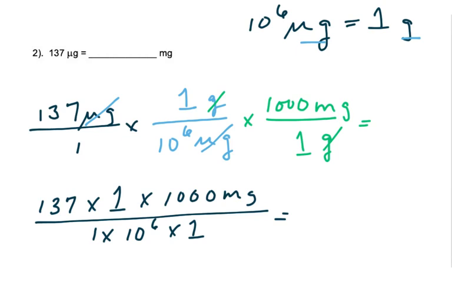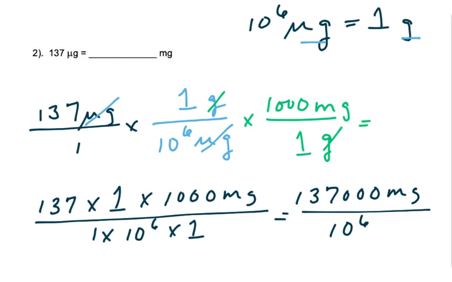So you multiply all the numbers in the numerator together, and you get 137,000 milligrams divided by 10 to the 6. And this gives you the final answer of 0.137 milligrams.